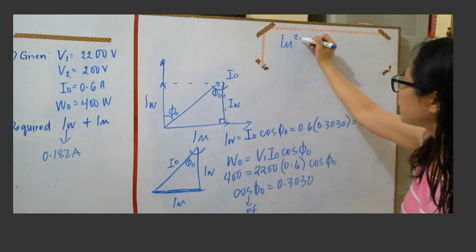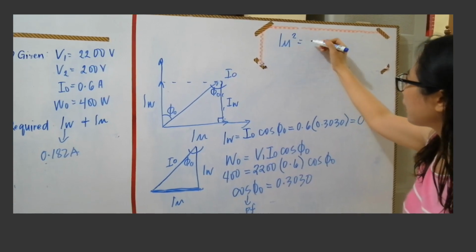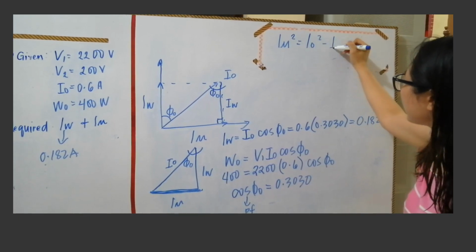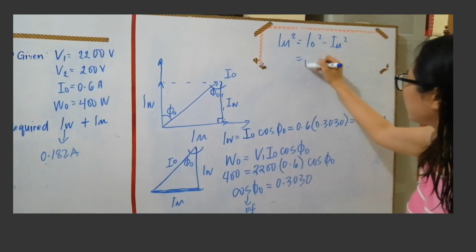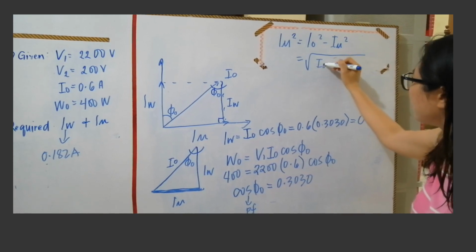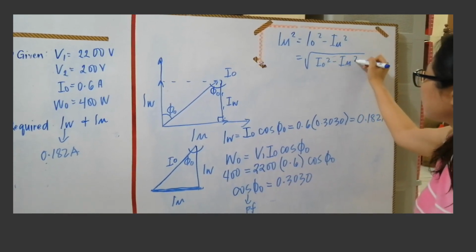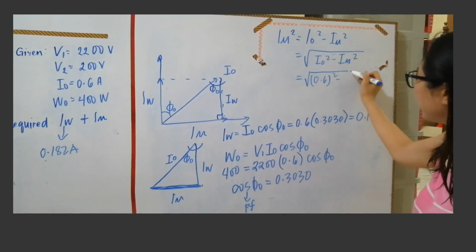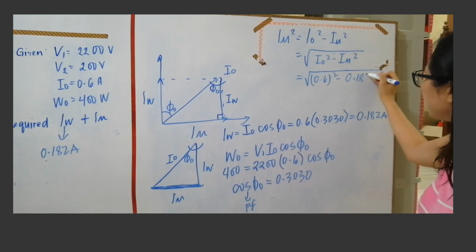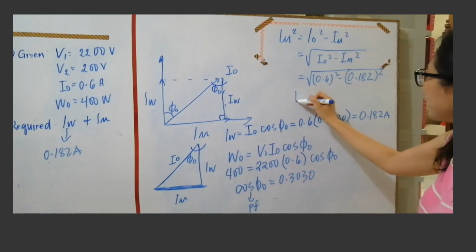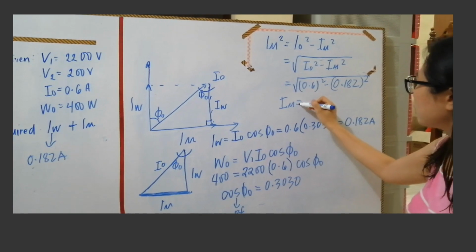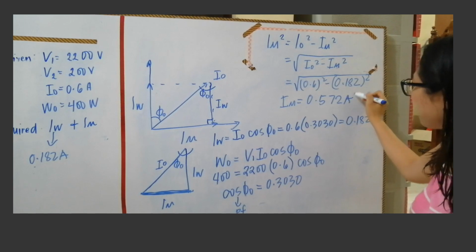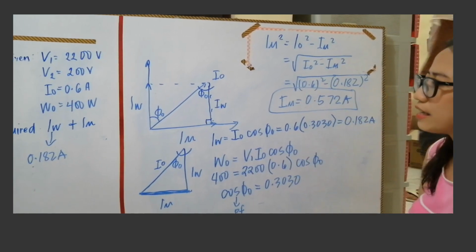So I sub mu squared is equal to I sub 0 squared minus I sub W squared. So I sub mu is equal to the square root of I sub 0 squared minus I sub W squared, and this is equal to the square root of 0.6 squared minus 0.182 squared. And I sub mu is equal to 0.572 ampere. So we already have the value of I sub mu.